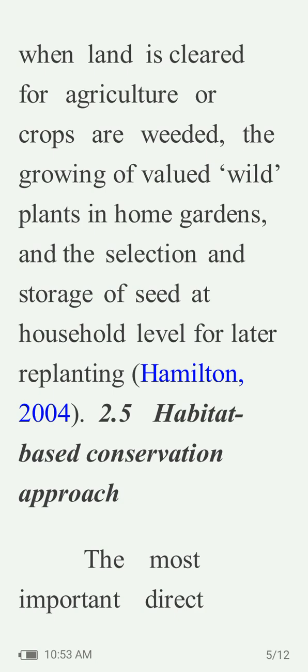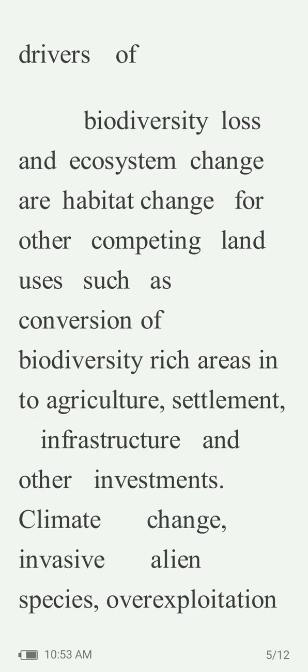Next one is the habitat based conservation approach. The most important direct drivers of biodiversity loss and ecosystem change are habitat change for other competing land uses, such as the conversion of biodiversity rich areas into agriculture, settlement, infrastructure, and other investments.